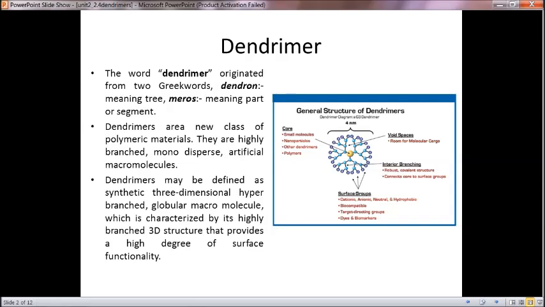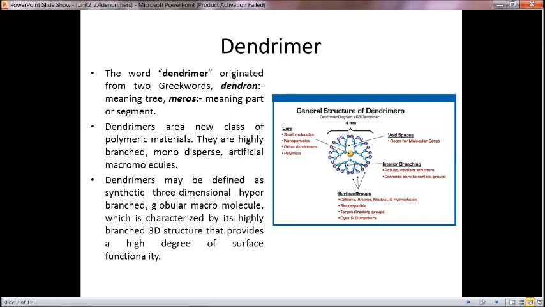The surface groups are cationic, anionic or neutral, and hydrophobic, that is, they won't react with water, and these are biocompatible target-directing groups. Locating the target, they release energies, and these are mostly used in dyes and biomarkers because these are very minute branchlets.